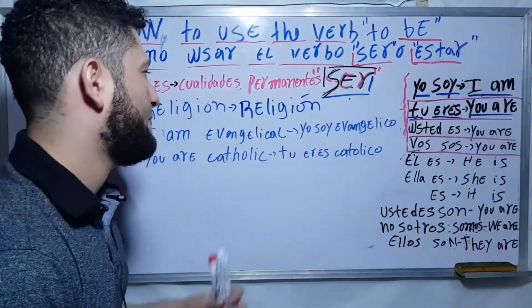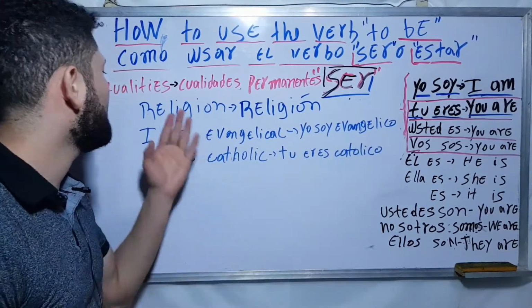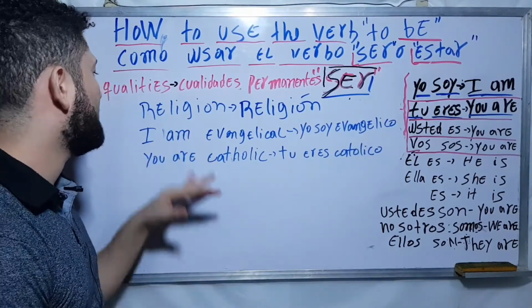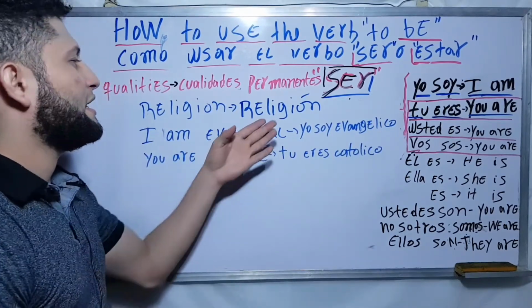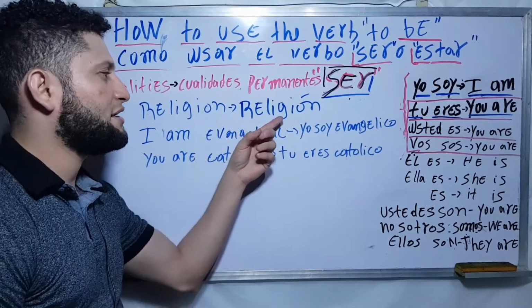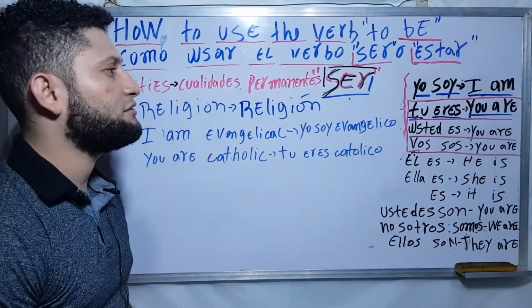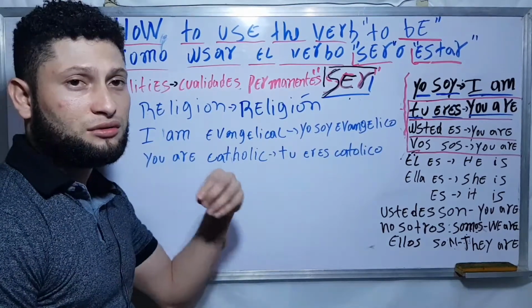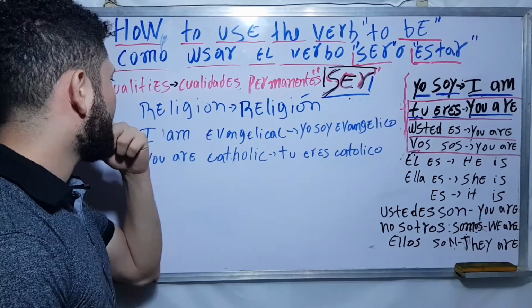Okay, guys, I'm back. Now, as you see here, our second one is for religion. In Spanish, religión. This is a good vocabulary that you need to take into consideration and try to introduce into your vocabulary, guys. Okay.